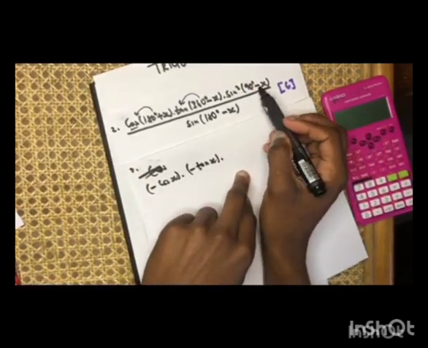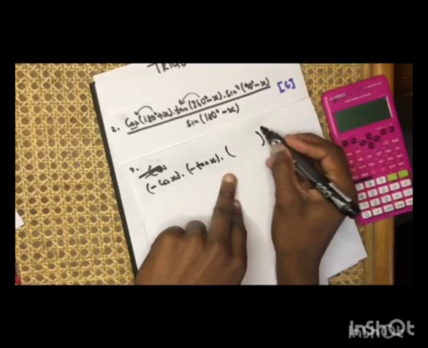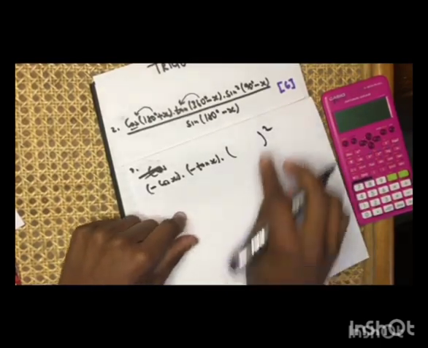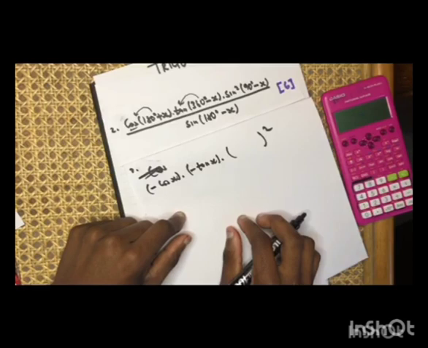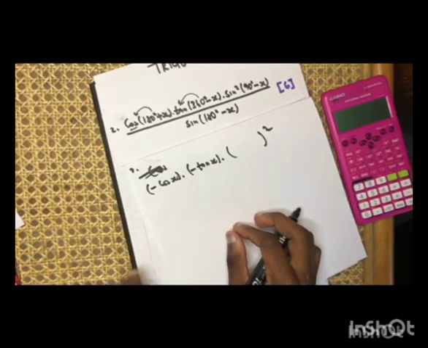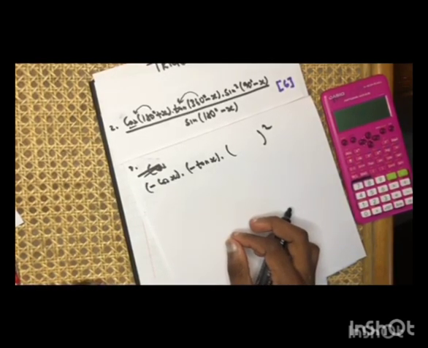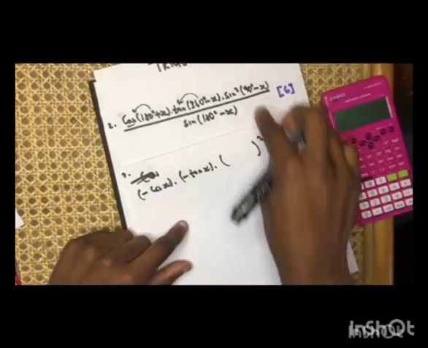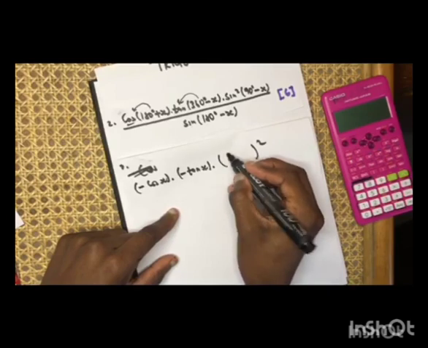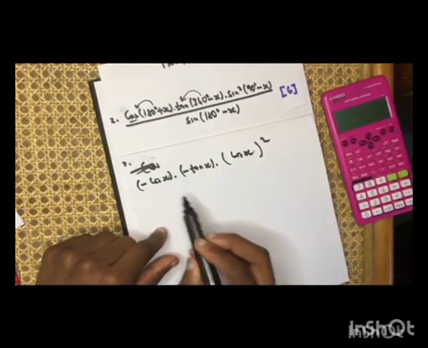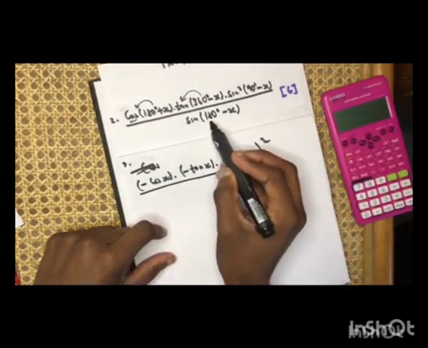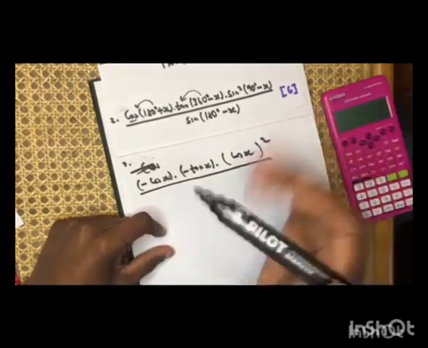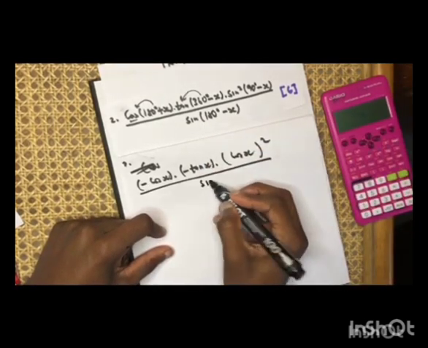If I see the squared, I will open the brackets and put the squared outside. Then you ask yourself, 90 minus is on which quadrant? First quadrant. All the trig ratios are positive, but I have to change the name to become cos. This is going to be cos x over 180 minus, second quadrant, and the sign is positive.